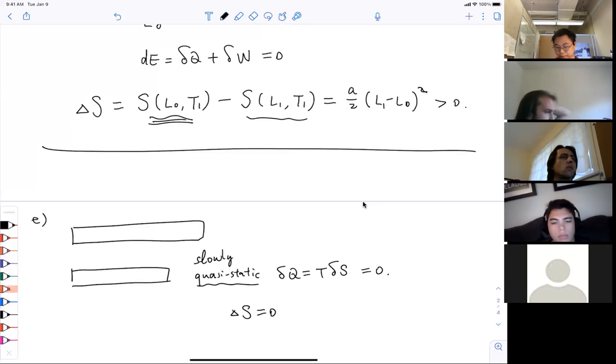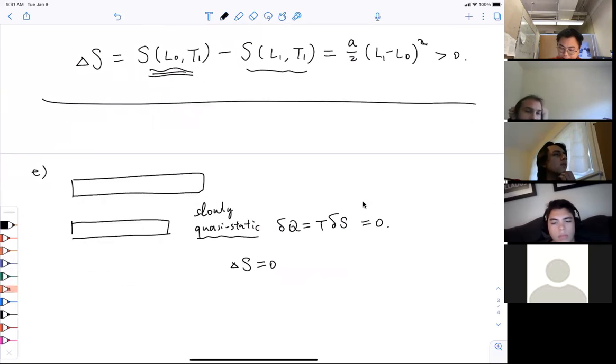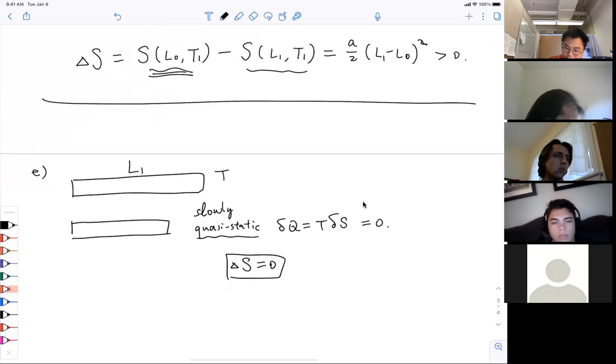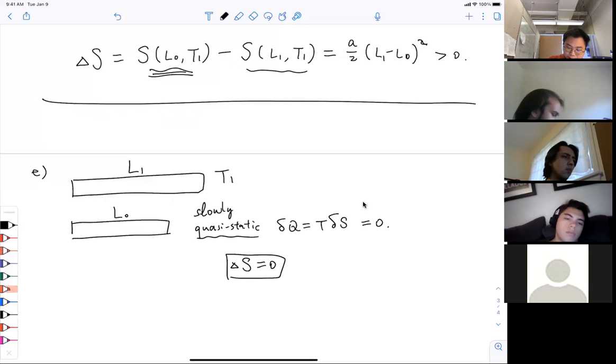From this condition, we work with L1, T1 and L0. We don't know T0, but from this equation we can figure out T0 as a function of the other parameters.